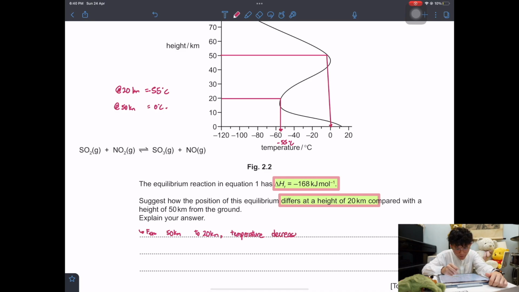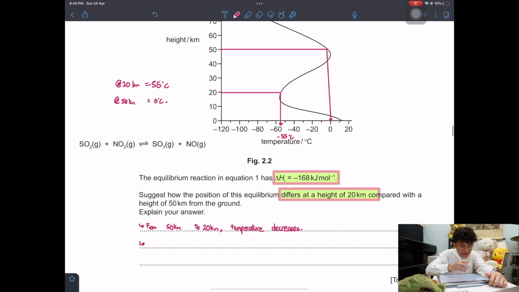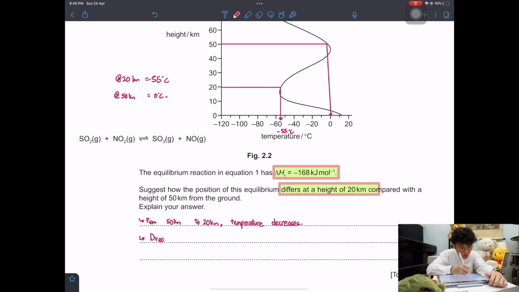Okay guys, you know that, right? When your temperature decreases, my direction will shift to the exothermic side, to increase the temperature back, right? Because it's reversible. So where will the direction go?